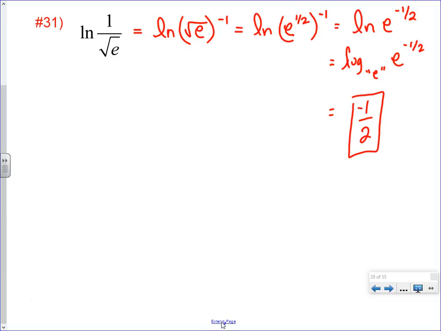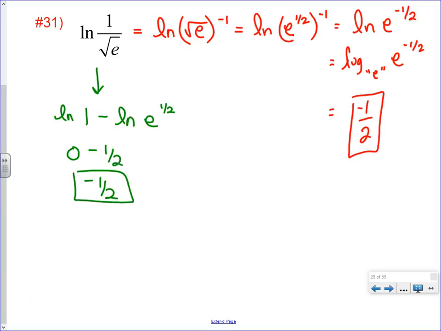The alternate approach would have been, well, yeah, we can rewrite this as ln of 1 minus an additional ln of e to the 1/2. I'm just going to jump there. We talked about any log of 1. What is that? 0. 0 minus, that cancels. 1/2 comes down. Perfect. Either way, it's totally golden.